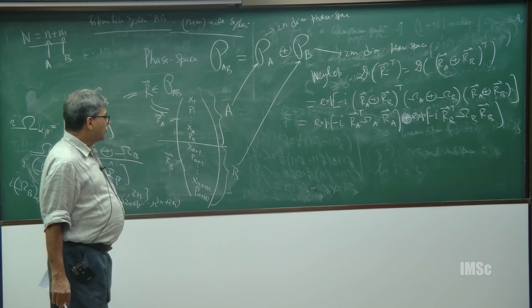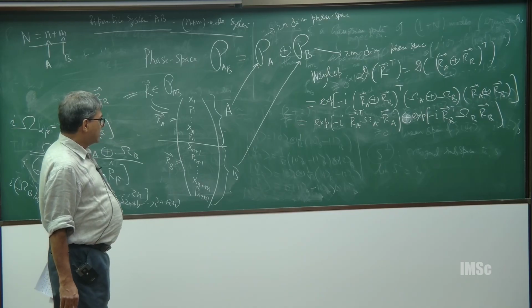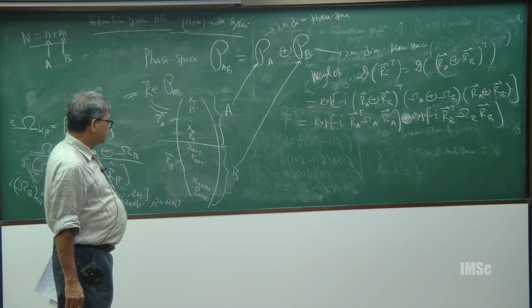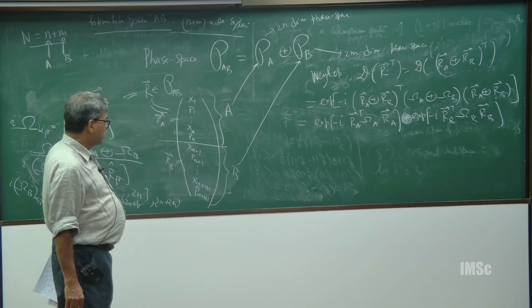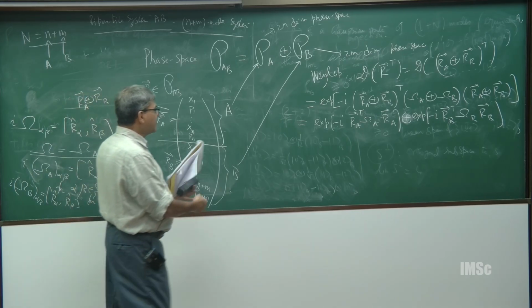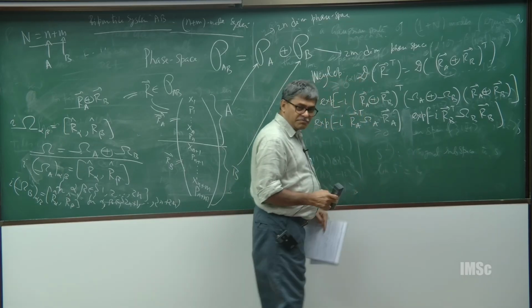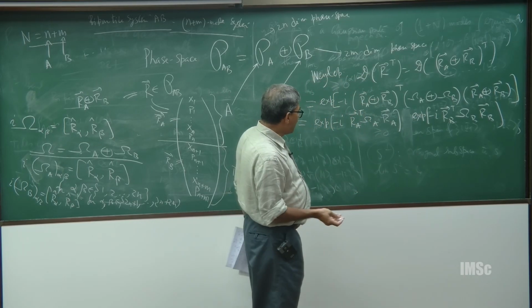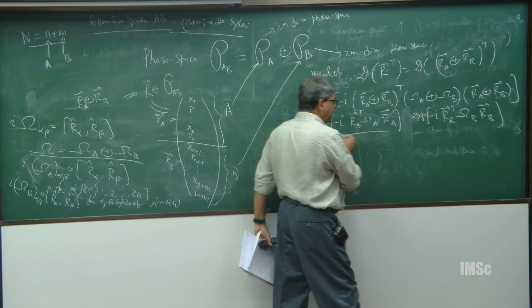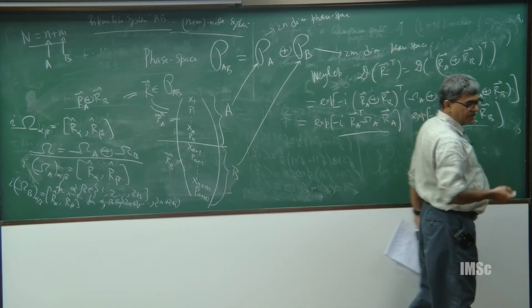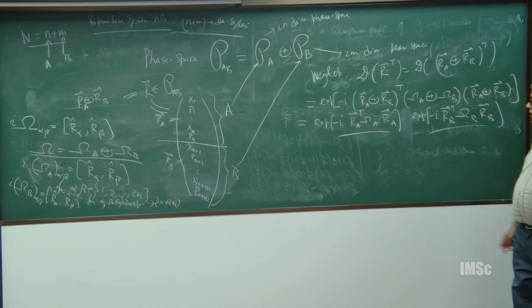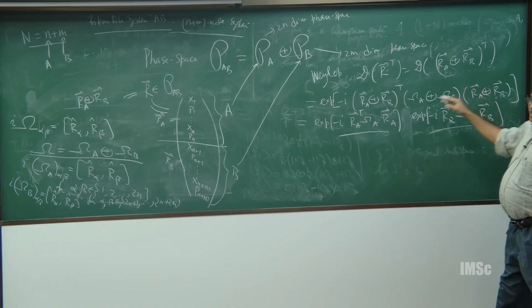Okay. So I should have in mind that this is acting on A subspace and this is acting on B subspace, right? Otherwise, it doesn't make sense, because these are commuting operators.